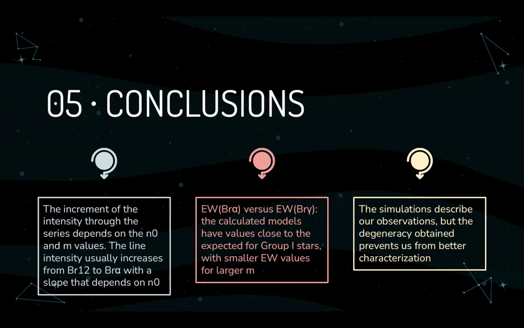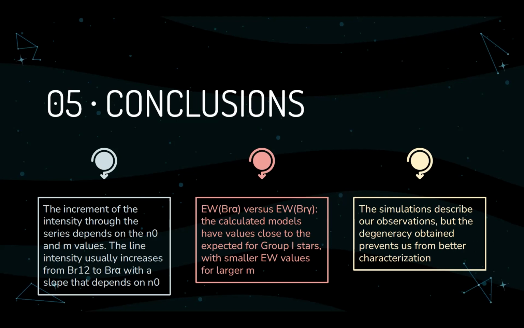So we saw that the increment of the intensity depends on the density of the base of the disk and on the exponent of this power law distribution, and that the line usually increases in intensity between Brackett 12 and Brackett alpha with a slope that depends on the density.